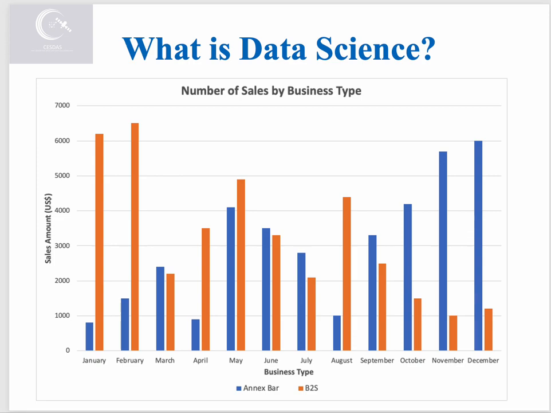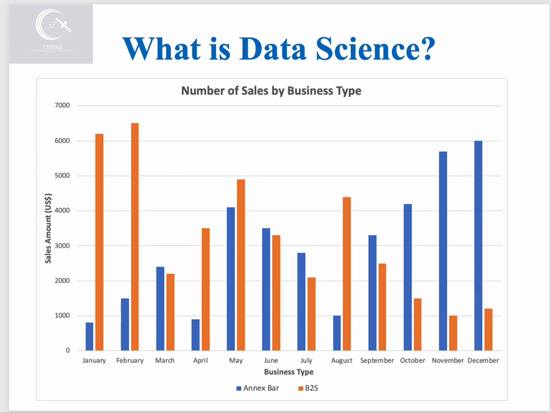So if you look at that data set, you quickly realize that in the months of January, February, March, April, August, the B2S business is doing well compared to the X bar business, which is contrarily doing well in December, November, and October.